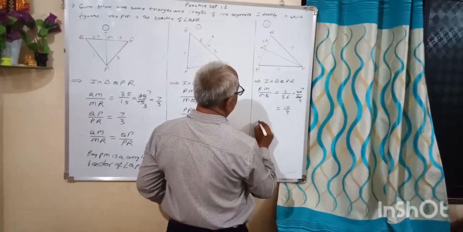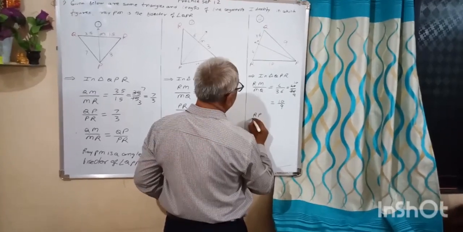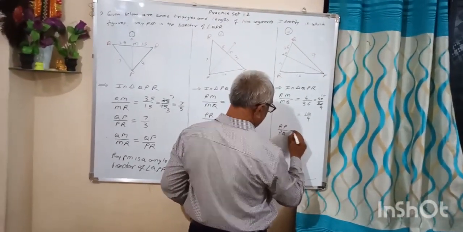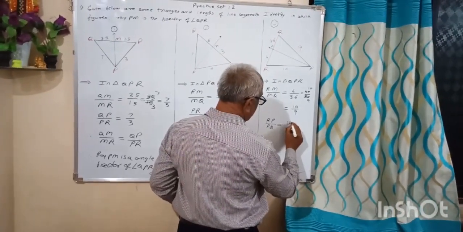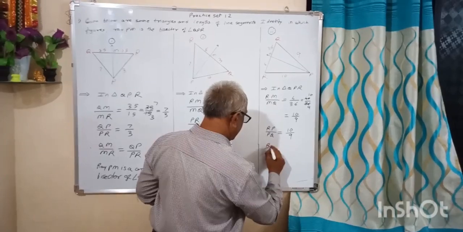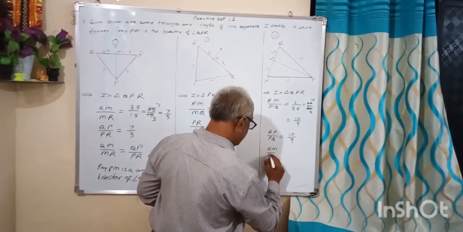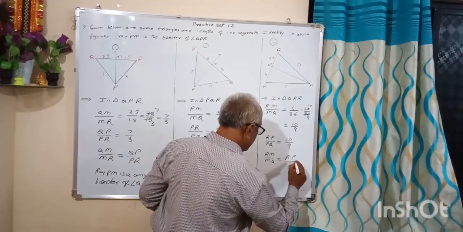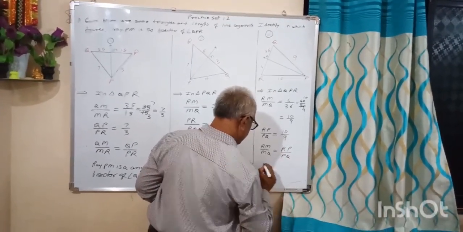Now RP upon PQ is equal to 10 upon 9. From this we can write that RM upon MQ is equal to RP upon PQ.